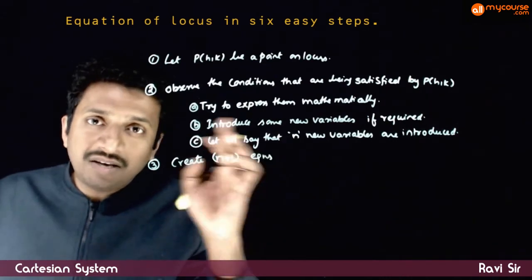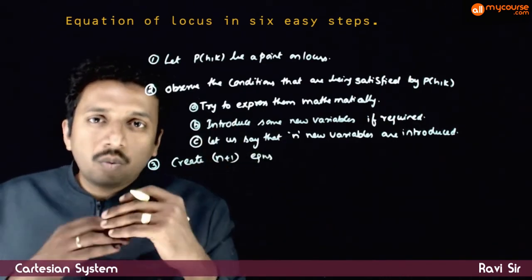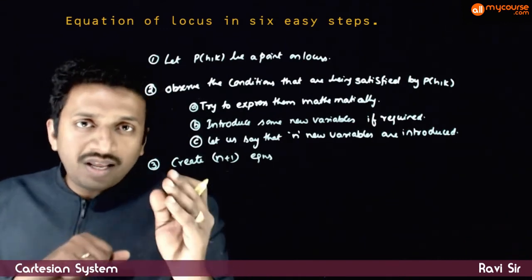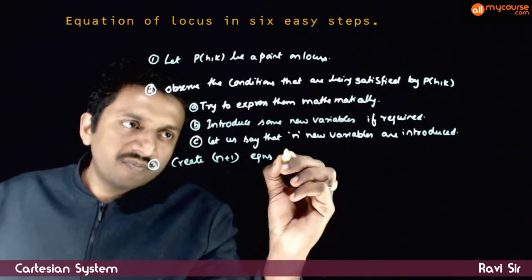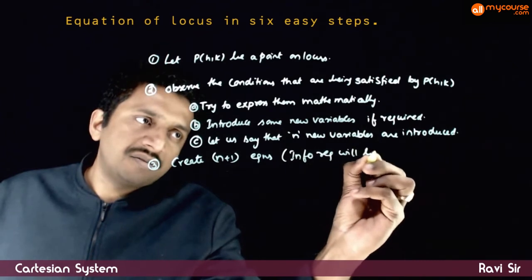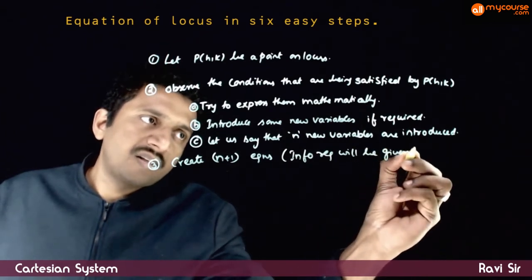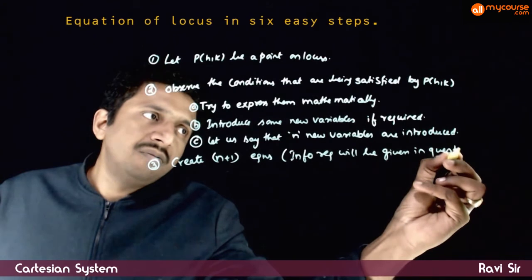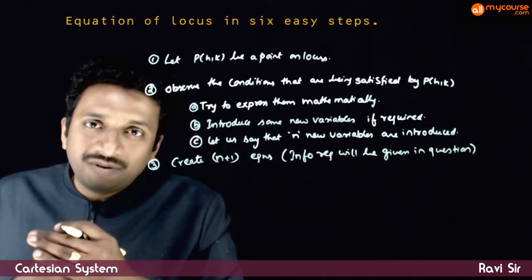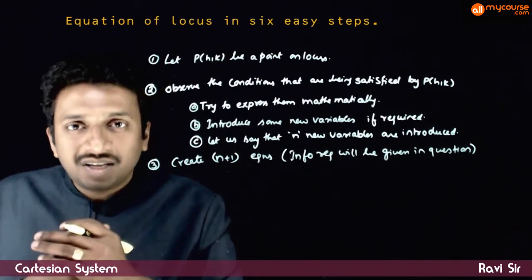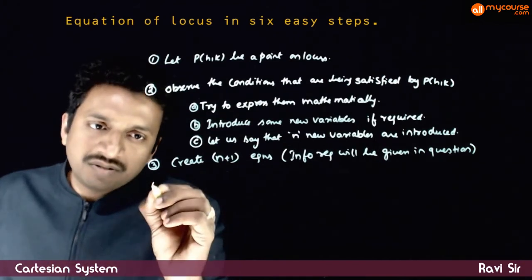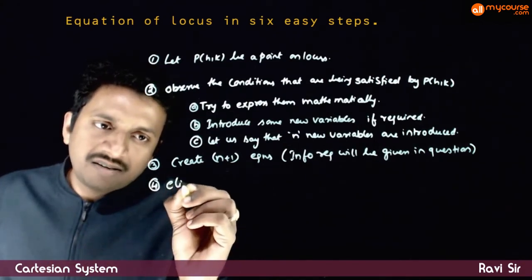Whenever you introduce n new variables, you need to create one equation more than the number of variables that you have introduced. The information required will be given in the question. So you need to read the question carefully to get all the conditions that you need to create n plus 1 equations.